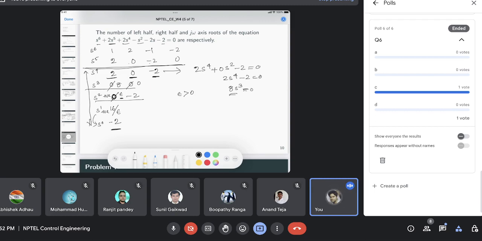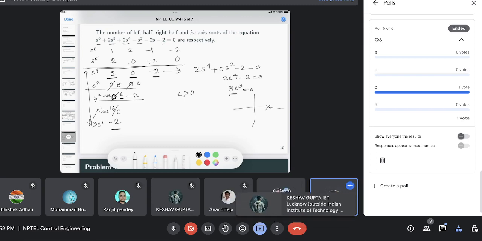That means for this fourth order auxiliary polynomial there will be one pole in the right half plane. We know that for this auxiliary polynomial the poles should be symmetric about the imaginary axis, so there should be one left half pole also.